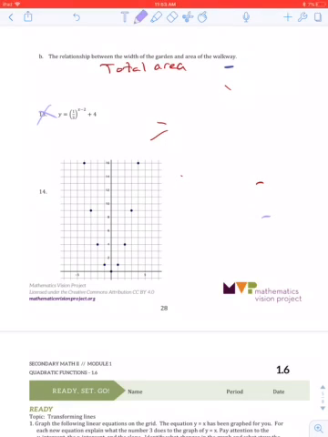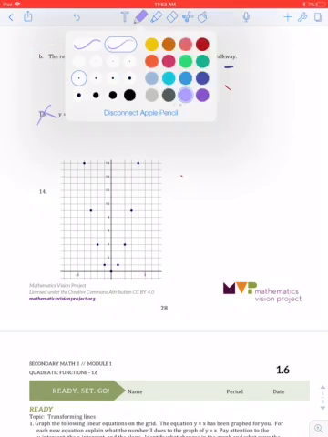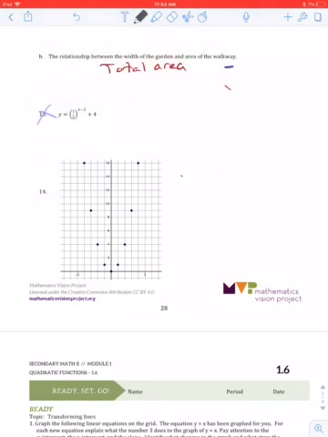With this one, I know that a is positive, and the first thing I want to check is whether a is 1.